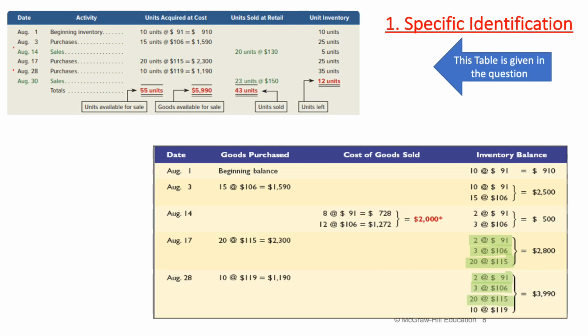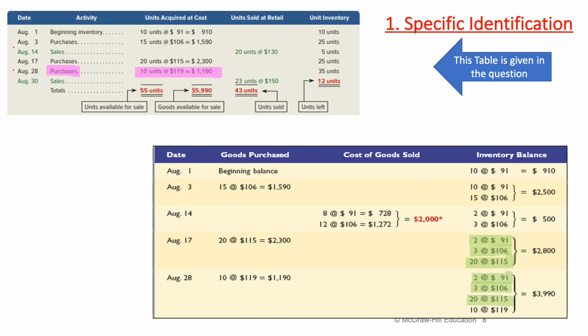Now, if we move to the August 28th transaction, we can see that the company again did purchases. They purchased 10 units multiplied by 119, and it means that the total cost of the purchase was 1,190. So I'm going to put the information in the table.